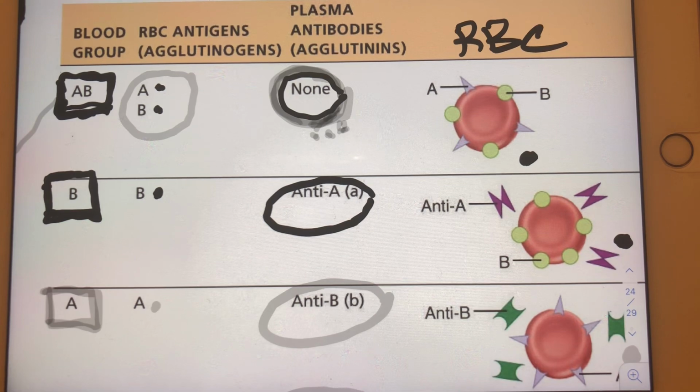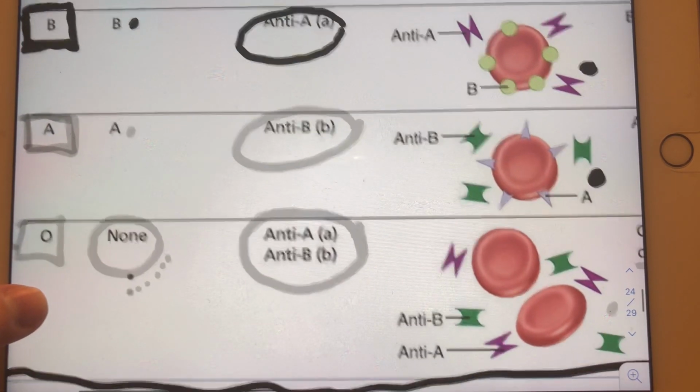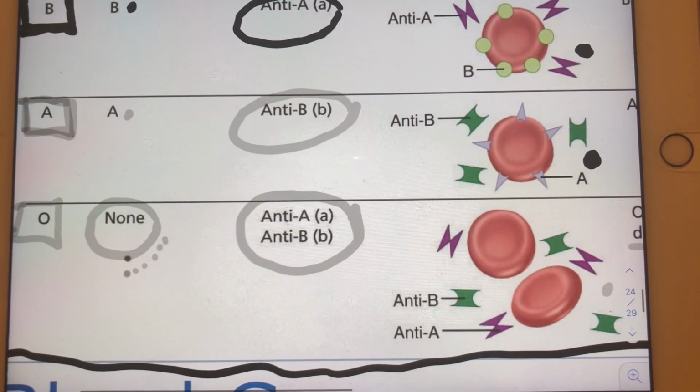Okay. In this next example of an erythrocyte, we can see this erythrocyte wears, at least for the ABO blood type, only type A name tags, right?